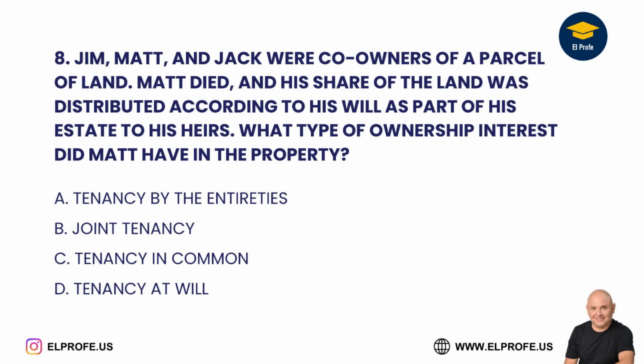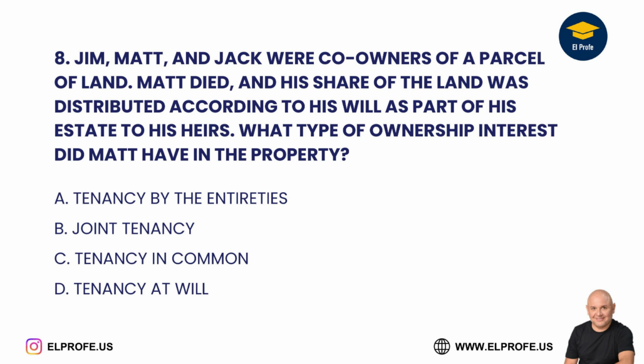Question 8. Jim, Matt, and Jack were co-owners of a parcel of land. Matt died, and his share of the land was distributed according to his will as part of his estate to his heirs. What type of ownership interest did Matt have in the property? Here's the key point. Who keeps the deceased owner's share? That's what determines the correct answer.